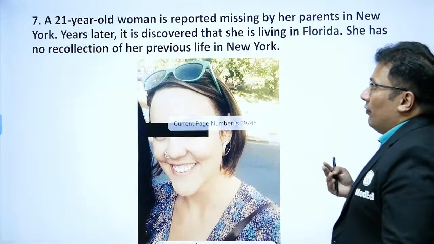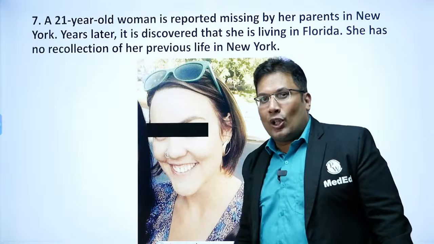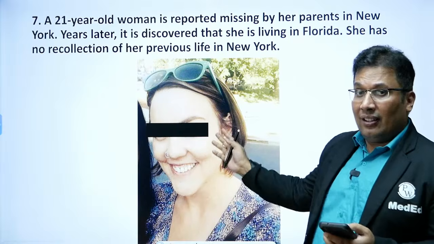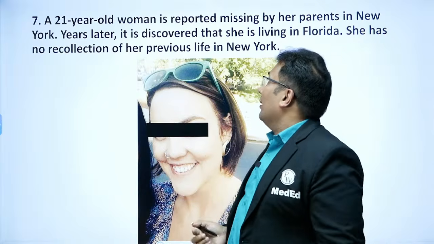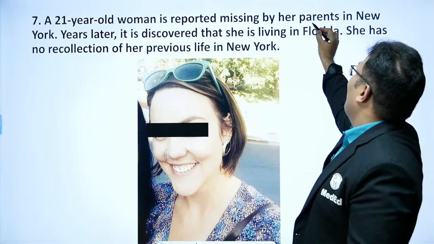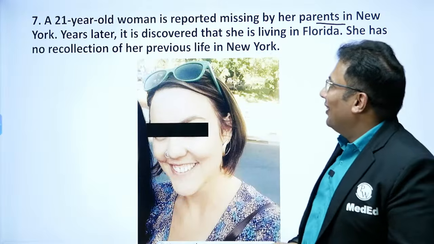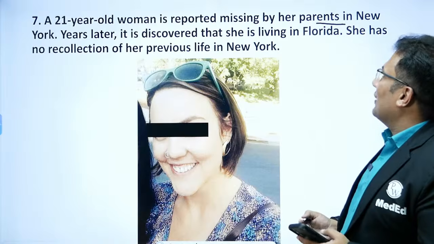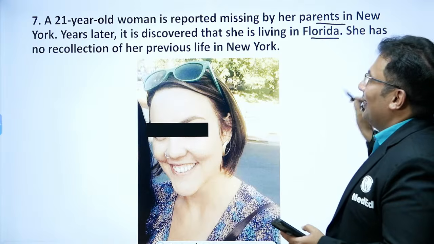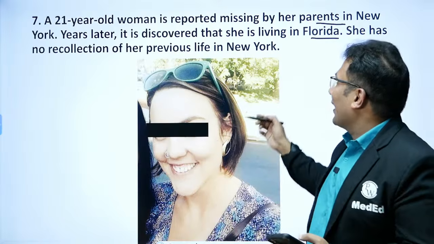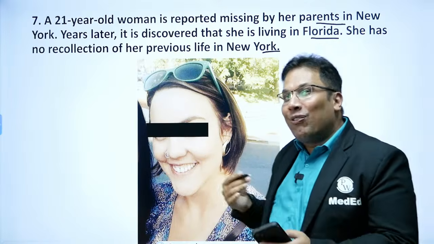And one more question from forensic psychiatry. Look at this and try to answer. A beautiful 21-year-old woman is reported missing by her parents in New York. Years later, it is discovered that she is living in Florida. She has no recollection of her previous life in New York. So New York and Florida.